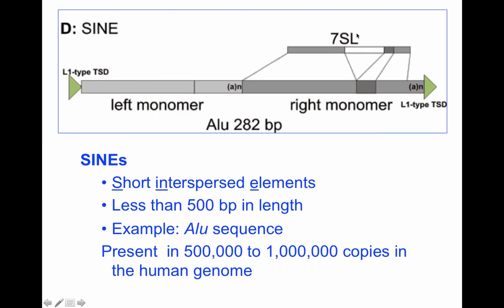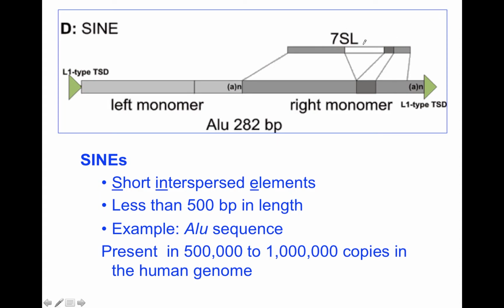The 7SL RNA in the cytoplasm helps proteins that are going to be synthesized through the endoplasmic reticulum and processed through the Golgi and eventually either embedded in the membrane or deposited outside the cell.